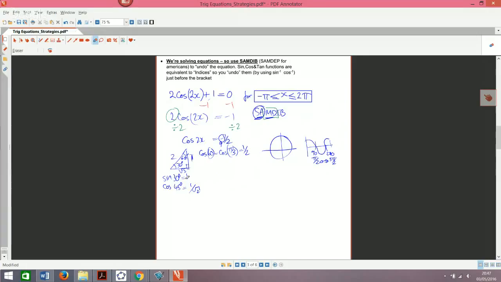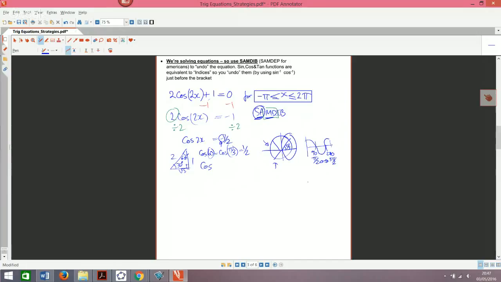Okay, so let's get rid of all of that. This is our non-calc triangle that we're working with. So cos 2x equals negative a half. That tells me that were it positive, it'd be 60, but it's not positive, and therefore it must be cos of an equivalent to pi over 3, but not in the positive section, in the negative section over here, or down here, because cos is negative here, and cos is negative here.